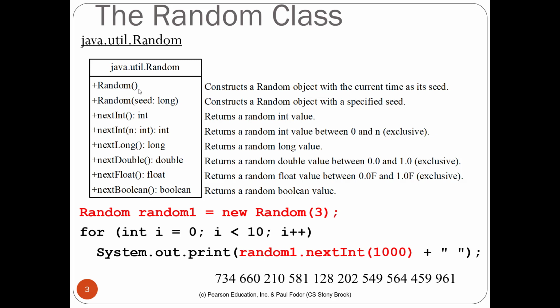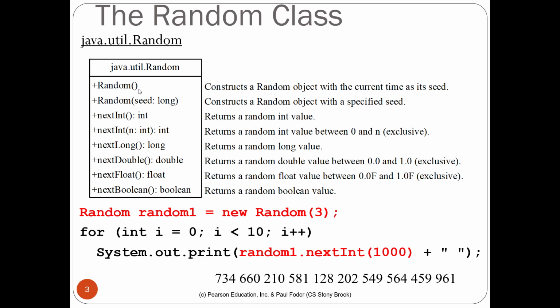And then once you create this random object, you can use it to generate either random integers or random doubles or random float or random boolean values. So that is the flexibility that you have with this class. With the math.random class, you were able to generate only the double values from 0.0 to 1.0, where 1.0 was excluded.